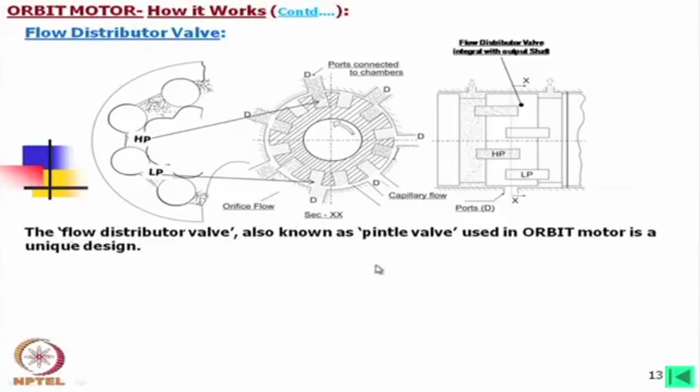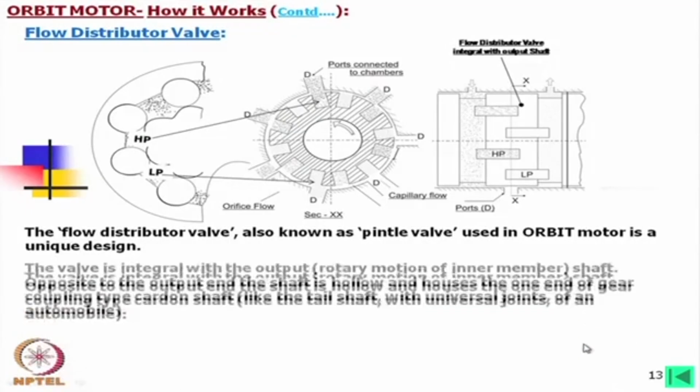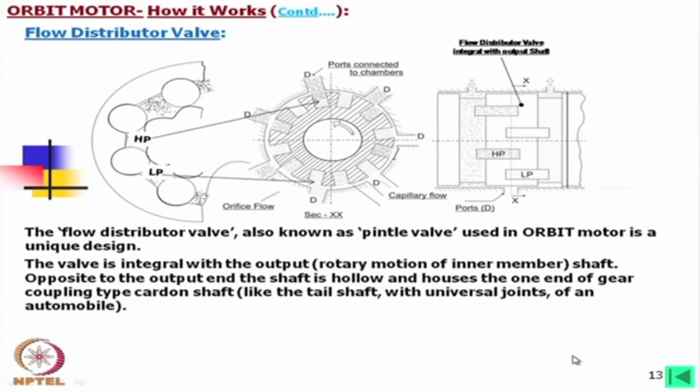This flow distributor valve, also called a Pintle valve, used in orbit motor, is a unique design. The valve is integral with the output rotary motion of the inner member shaft. Opposite to the output end, the shaft is hollow and houses one end of the gear coupling type cardan shaft.